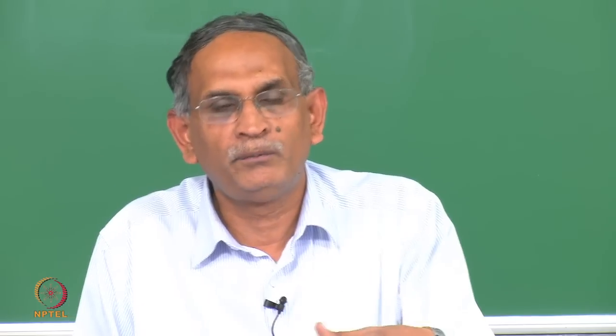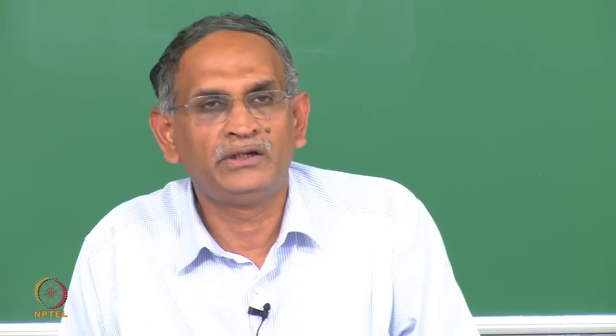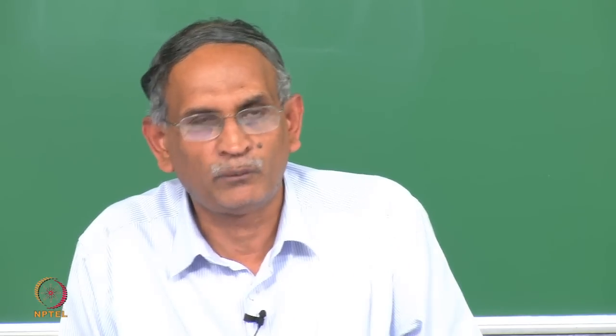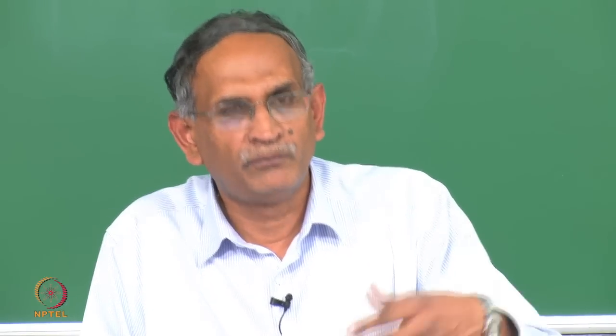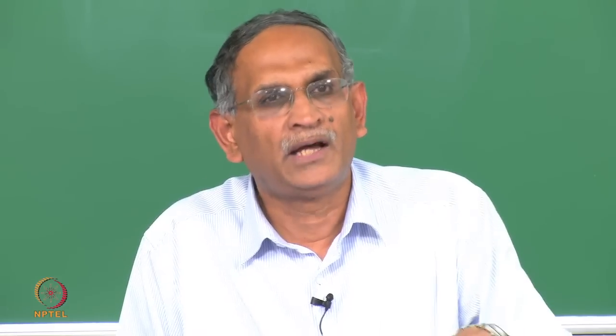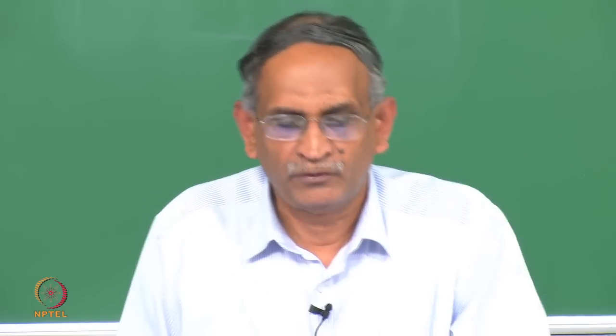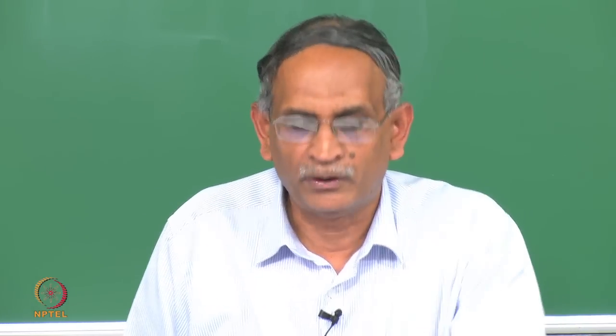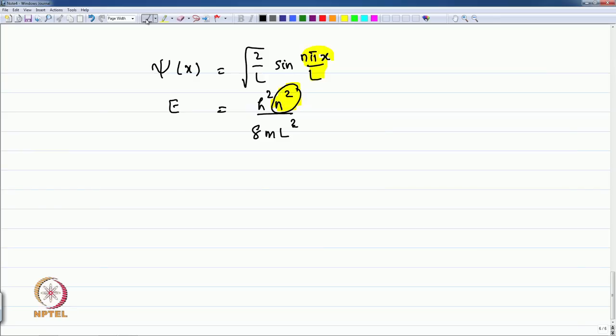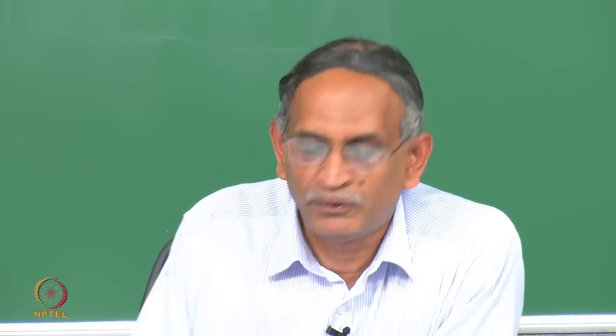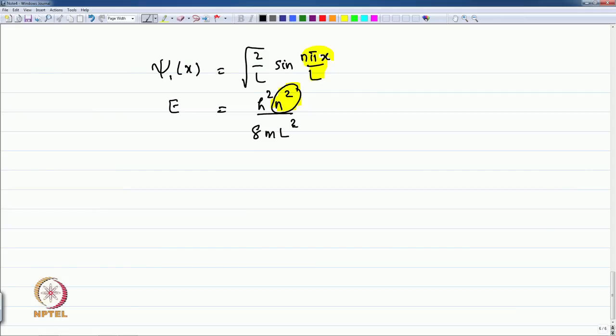This will also turn out to be a general property when we solve the Hamiltonian equation, the Schrodinger equation, for the systems in all the other models, that in one step you will get all the possible energies and all the possible wave functions. A convenient way, I would not call it the best way, is to label the wave function with the quantum number, psi n of x and E n for a given quantum number n.